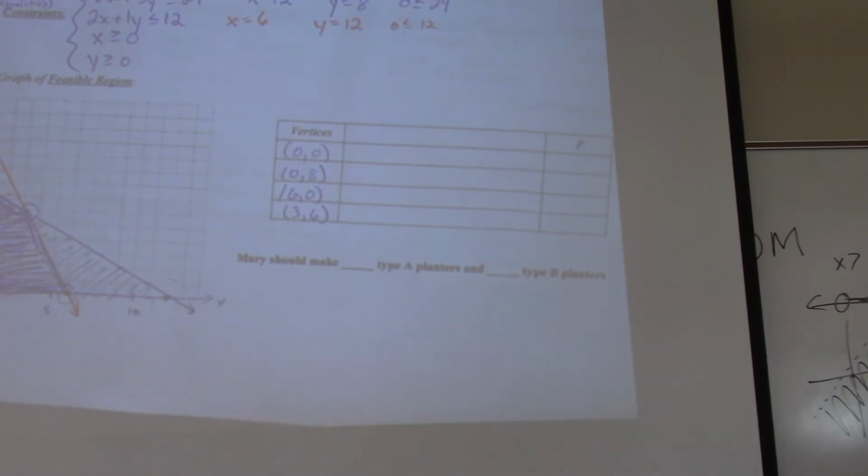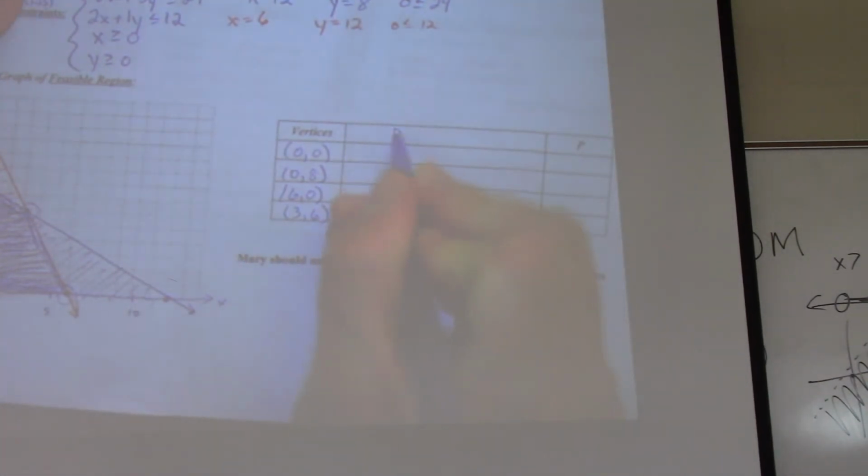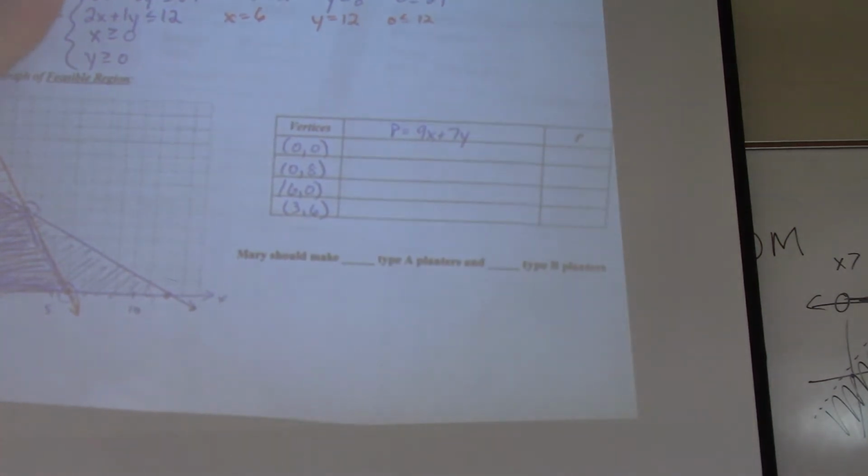That's exactly right. Okay? So right up here, let's write our objective function. It is p equals 9x plus 7y. And the reason that's significant is because I got to know what to plug into x and what to plug into y. I plug 0 in for both, I just get 0 plus 0, which is 0, of course. But for the rest of these, 9 times 0 plus 7 times 8. If you can do that math in your head, you don't have to write that down.